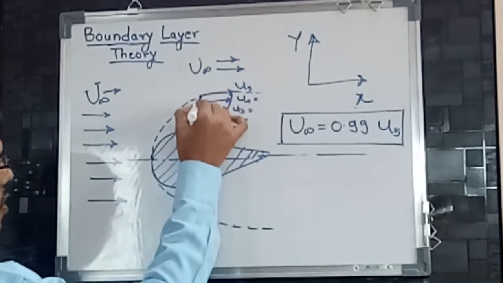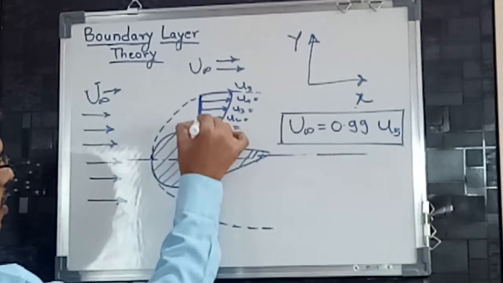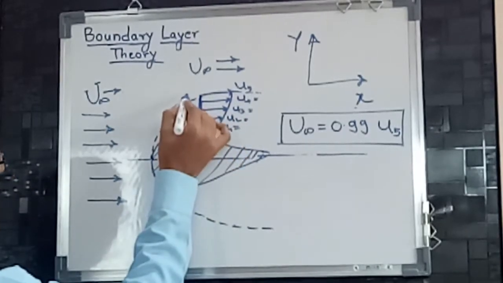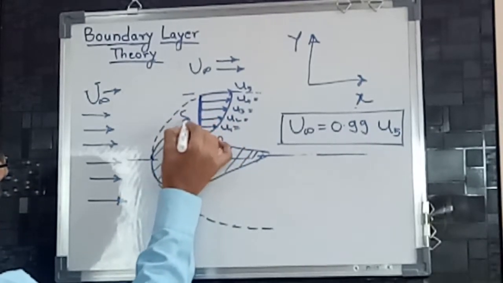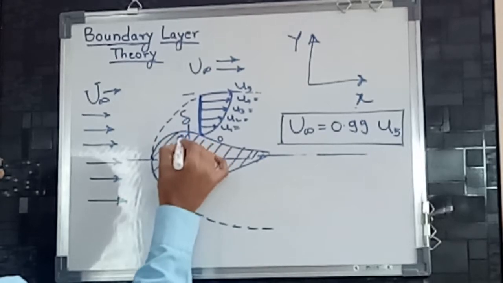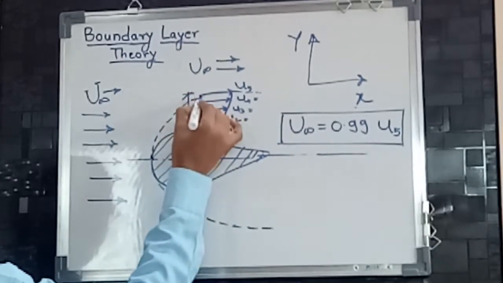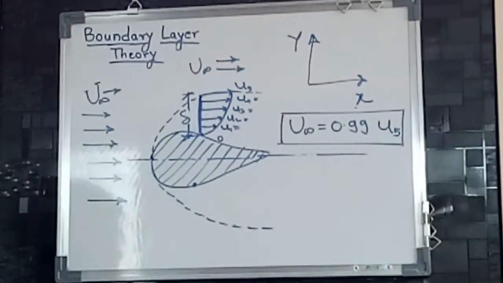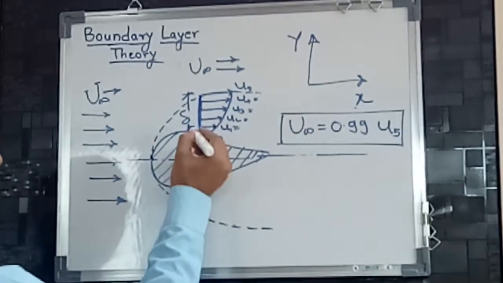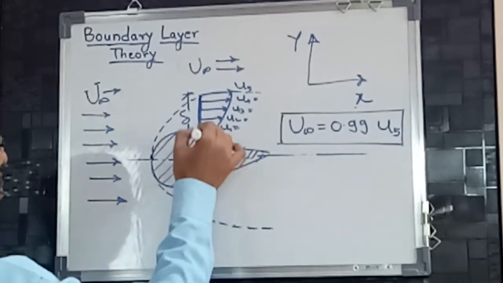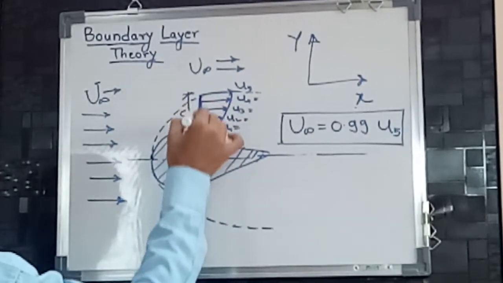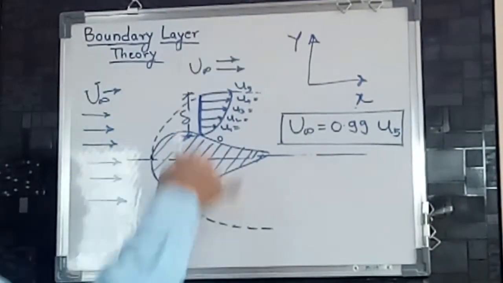Now this distance is denoted as del, up to this point. This is del, and we are representing this line in the y direction.